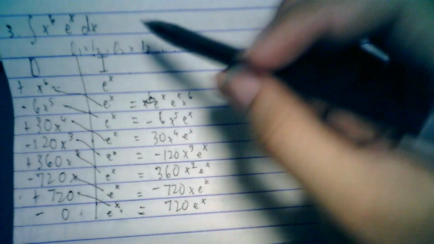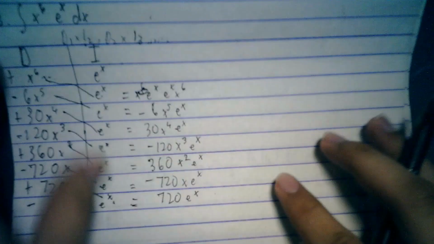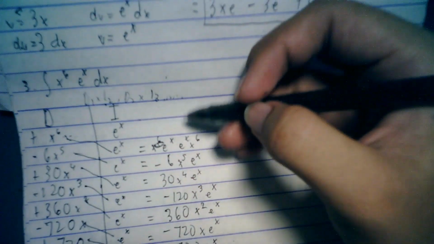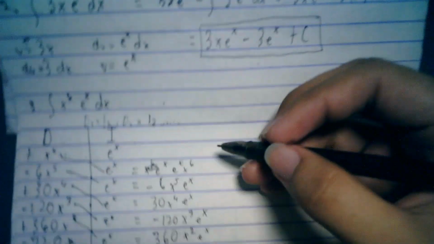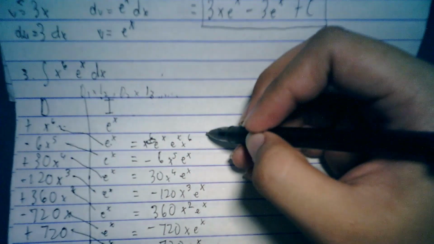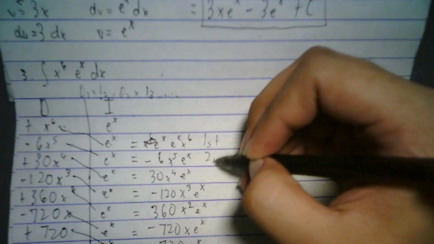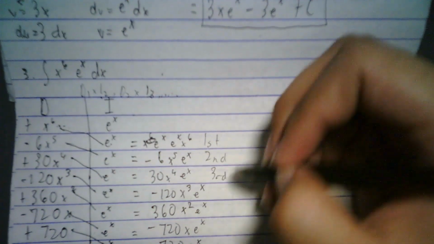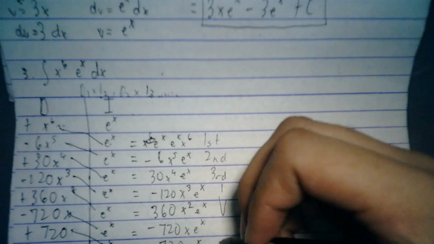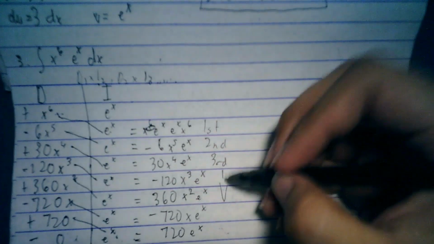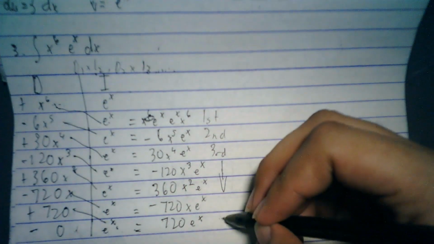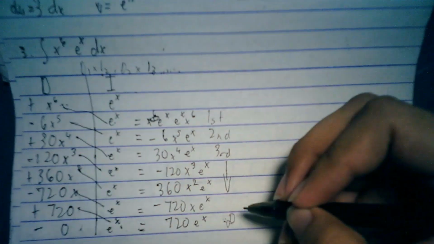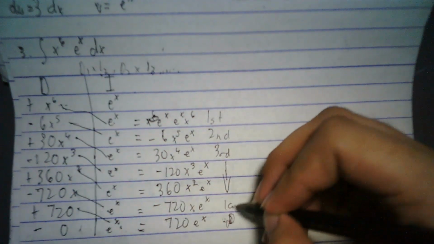Now we put these values in order. So first, second, third, up to the last number, you input, and this equals the last number.